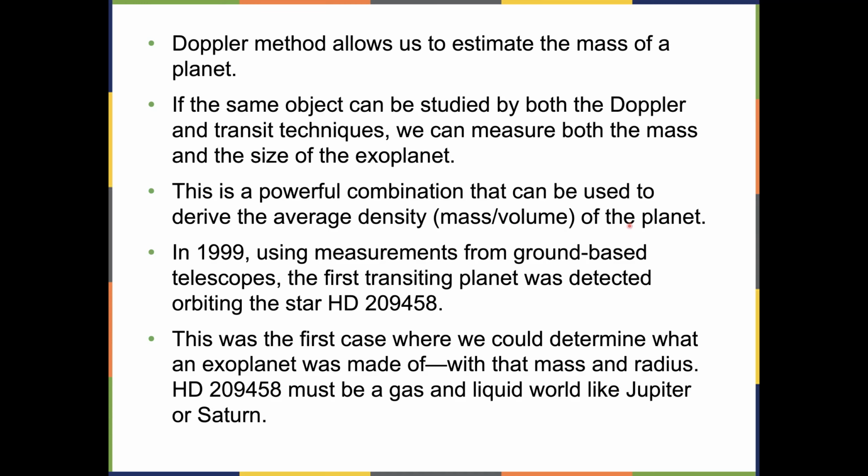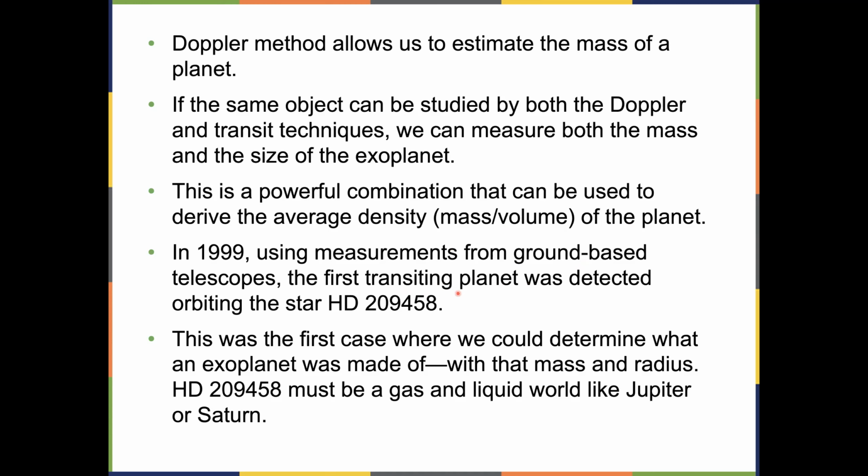And in 1999, from ground-based telescopes, the first transiting planet was detected, which is a planet orbiting a star called HD 209458. So that is just a catalog number given to a star, and this was actually measured with both methods.